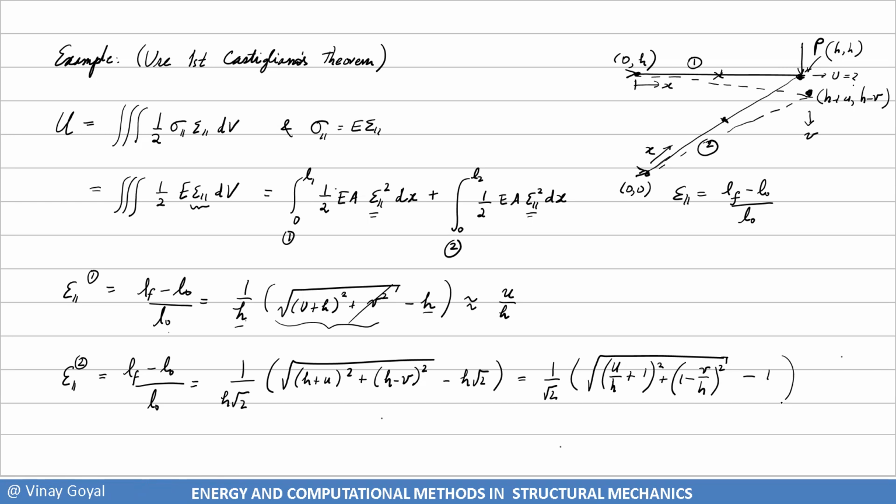I guess I could have left the square root 2 here so you can see what's going on. And you can expand this. When you expand that, you get U naught. Sorry, not U naught.